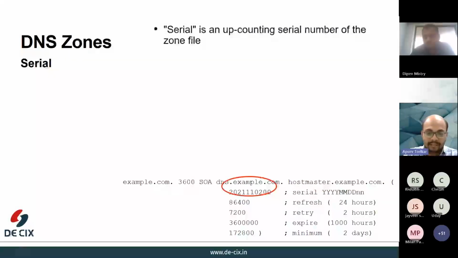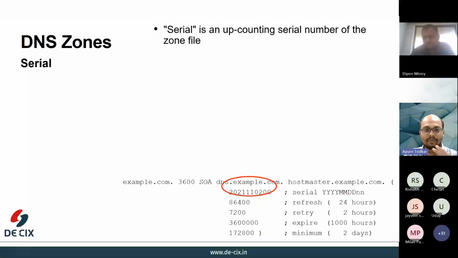Then we have another section in the zone that is called the serial number section, wherein it helps the name server to keep track of the changes. Of course, you can manipulate that in the text file, but if something is getting changed and it is a resource intensive task, obviously it has to be a different serial number whenever there is a change for that particular zone.